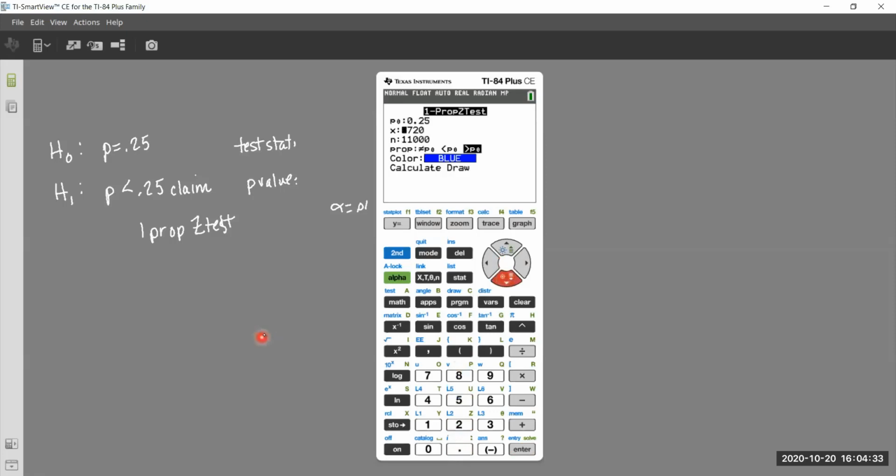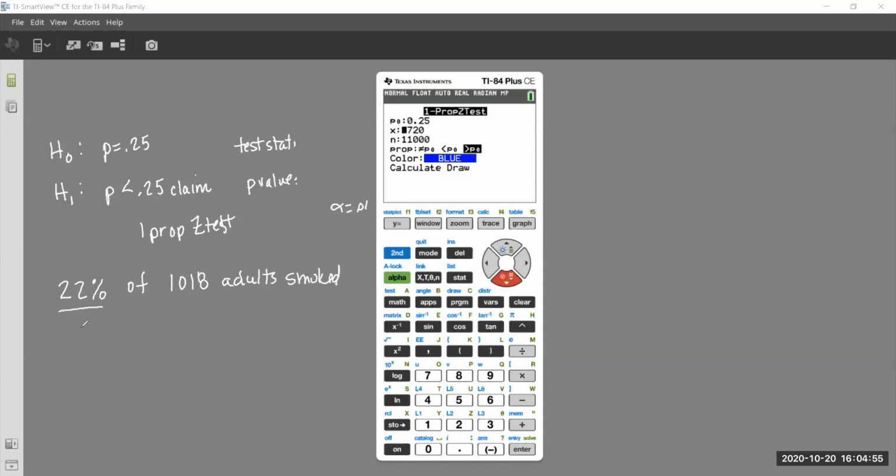And when we read this problem, all we know is that 22% of the 1,018 adults smoked. They didn't tell us what the X was.